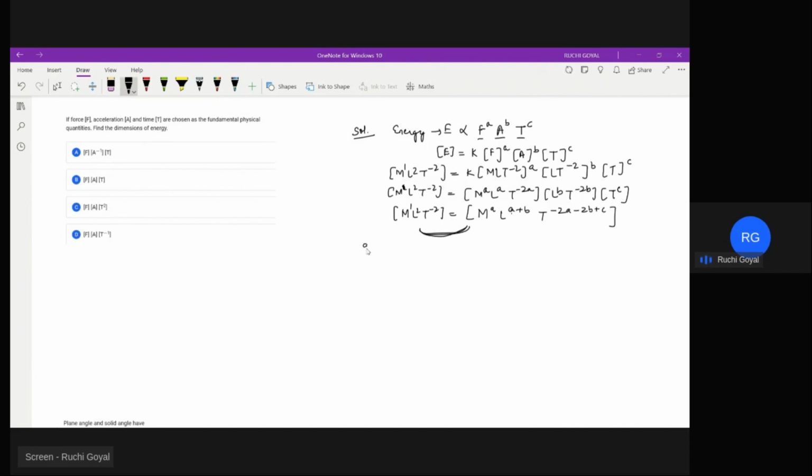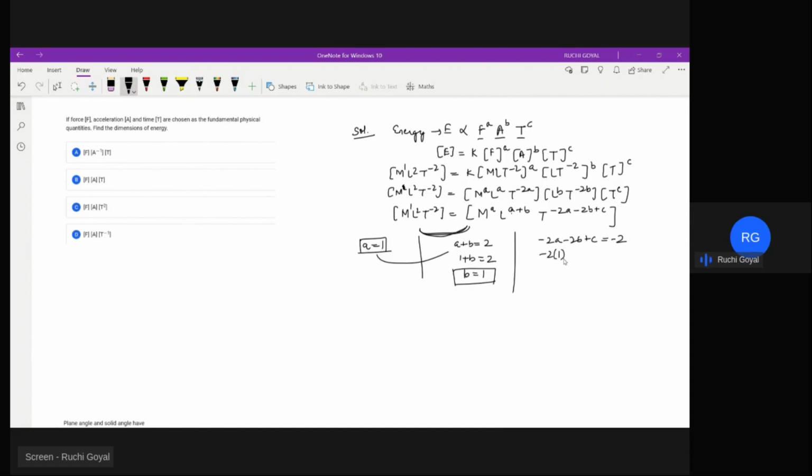Now we can compare the powers on both sides. M: a is equal to 1 from here. Right? Next is a plus b is equal to 2. So substitute 1 here. 1 plus b is equal to 2. b will be 1 from here. Next is minus 2a minus 2b plus c is equal to minus 2. Right? So substitute the values of a and b here.